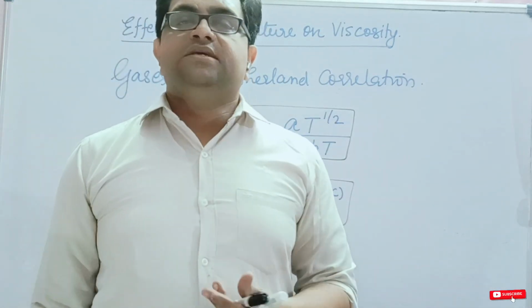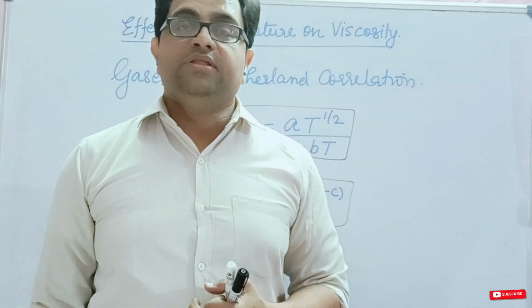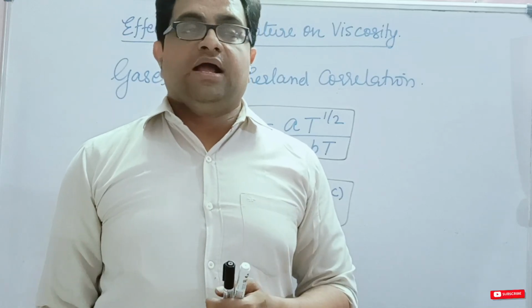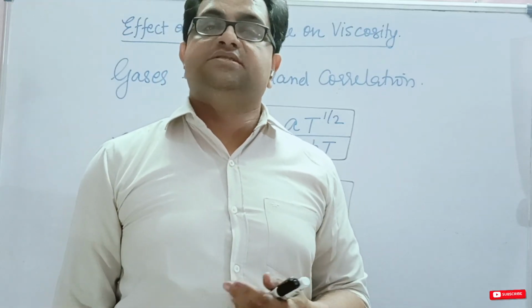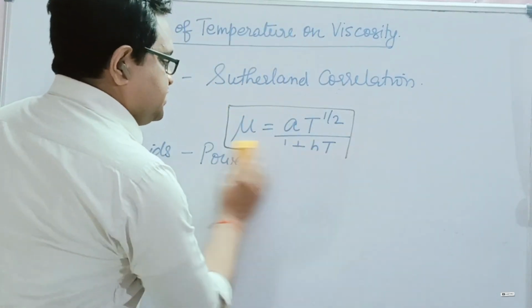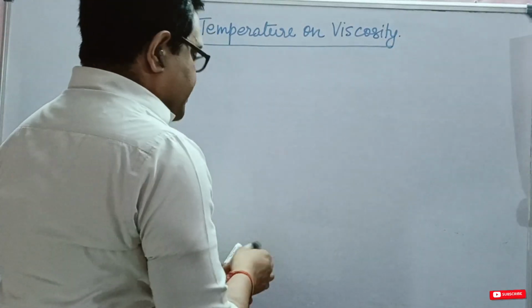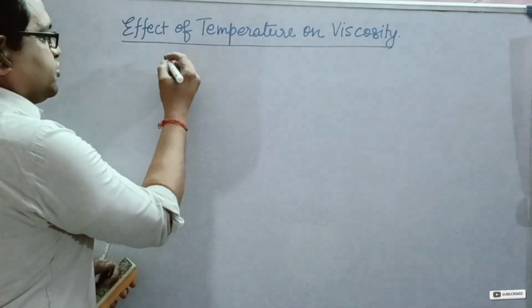Now, in fluid mechanics and heat transfer, we often encounter a ratio between the dynamic viscosity and density, and it is expressed as a property which we call the kinematic viscosity. So let us discuss kinematic viscosity. Kinematic viscosity is another property after absolute viscosity.